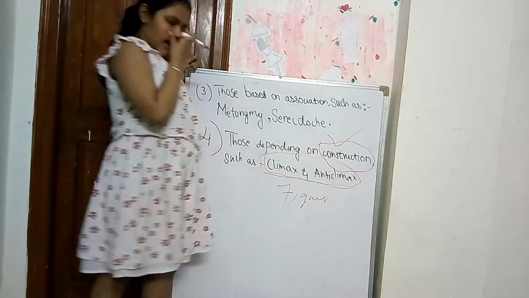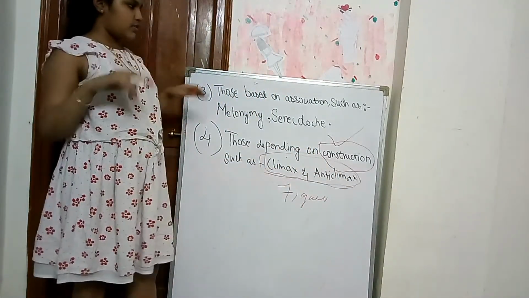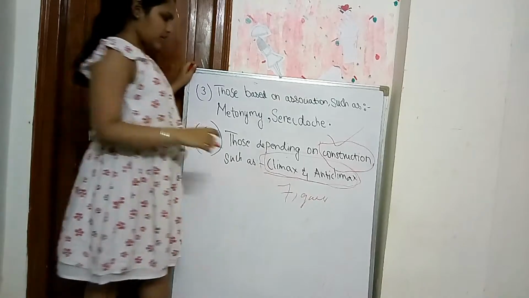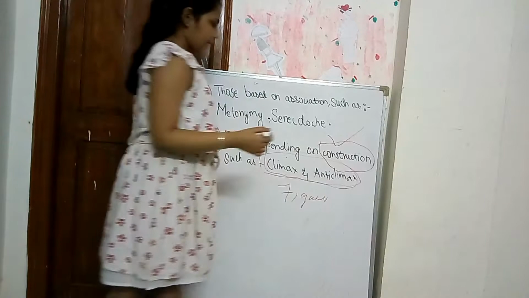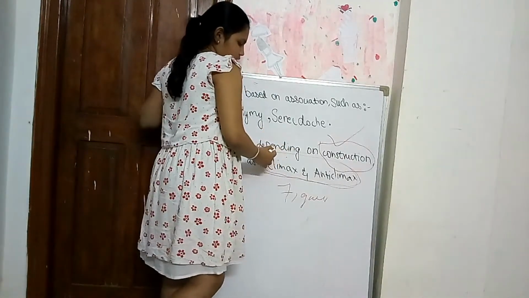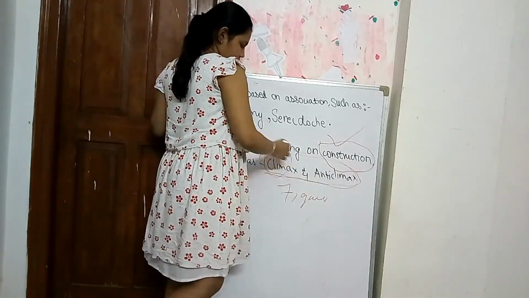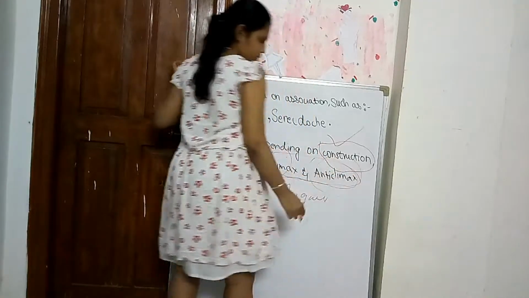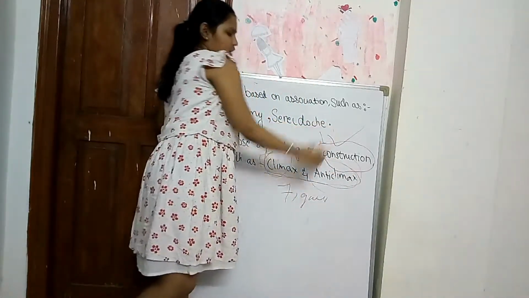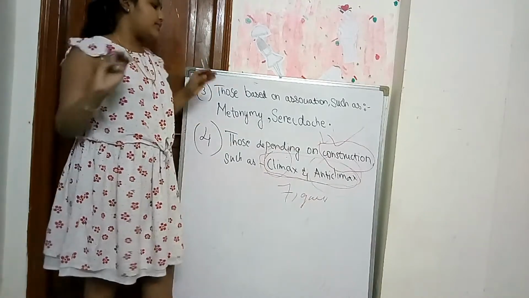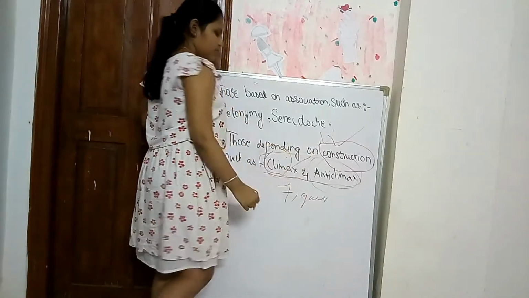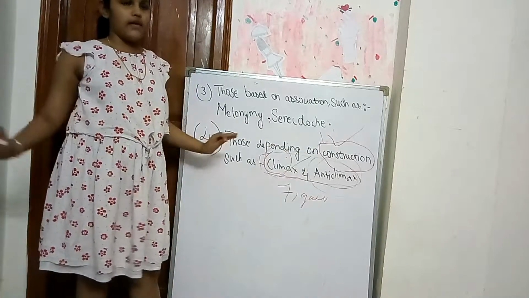Not only these two, we have many more, but these are only the two examples. Back to the example: for us to understand these, the construction has to be perfect. If not, we will not be able to understand it at all.